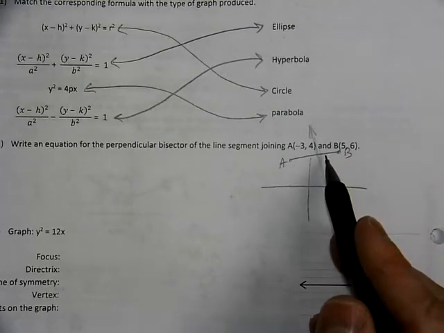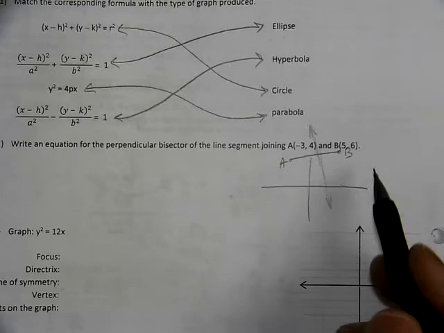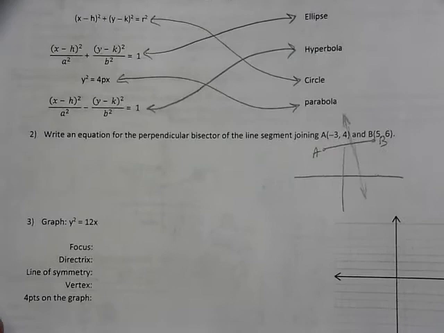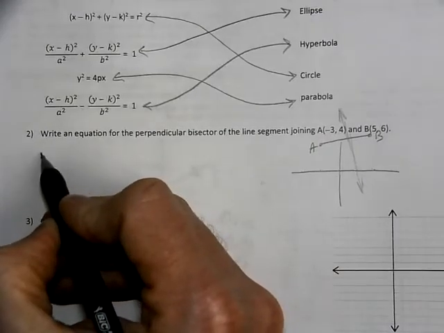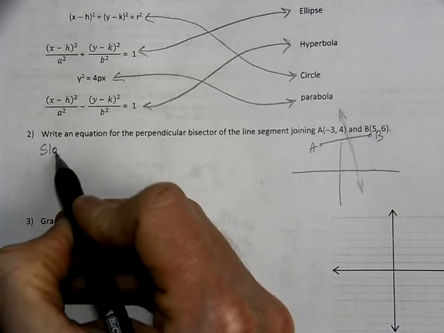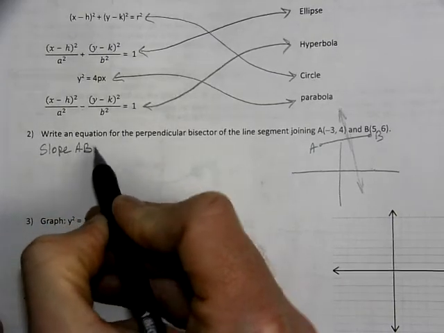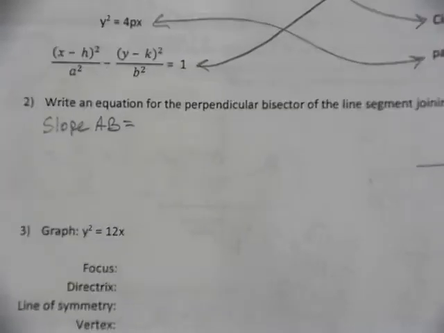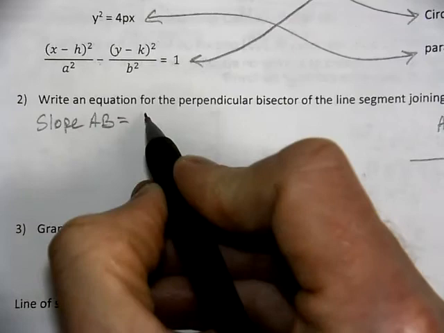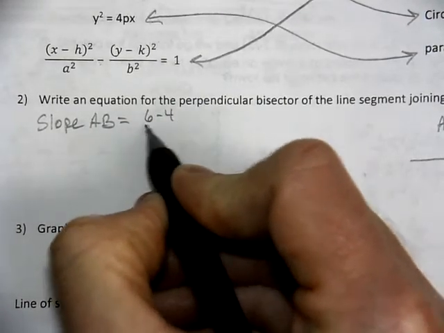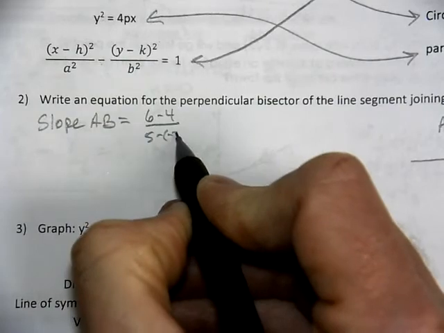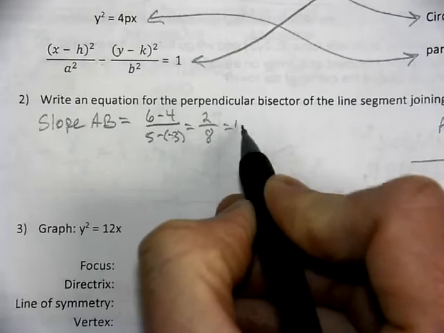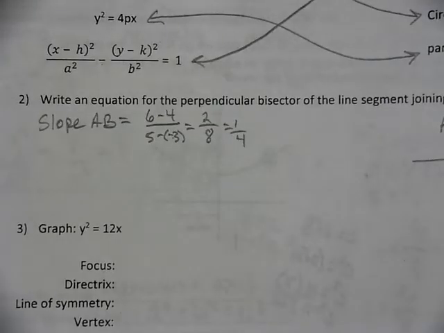So the first thing we need to do is look for the original slope of AB. Or you could find the midpoint, one or the other. But I'll find the slope first. The slope of AB: we're going to take our y values, so 6 minus 4, over 5 minus -3, which is 2/8, which is 1/4.